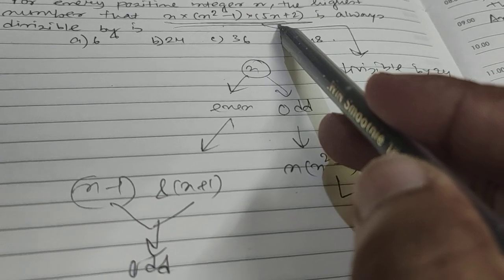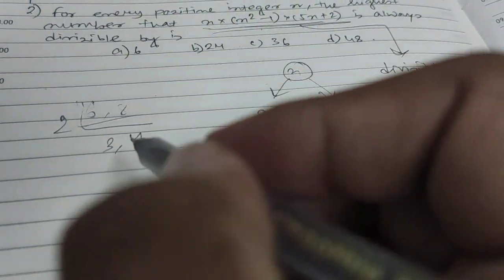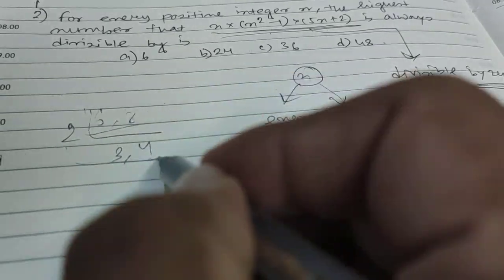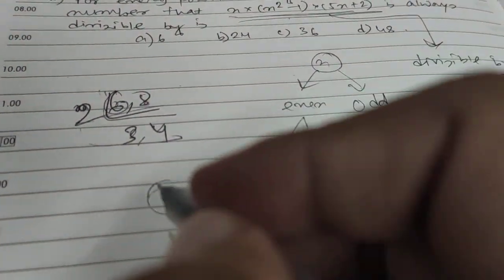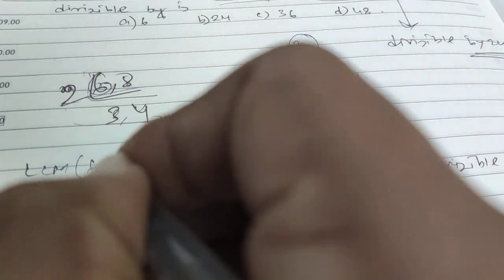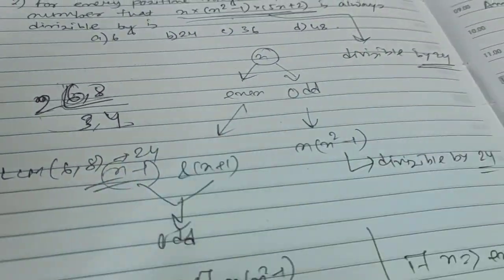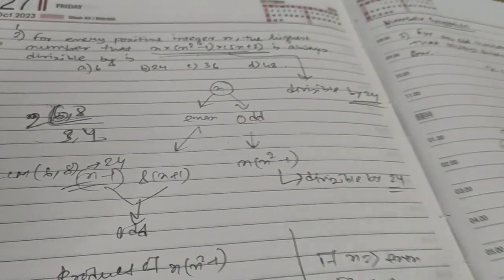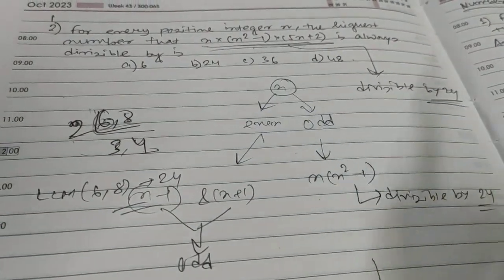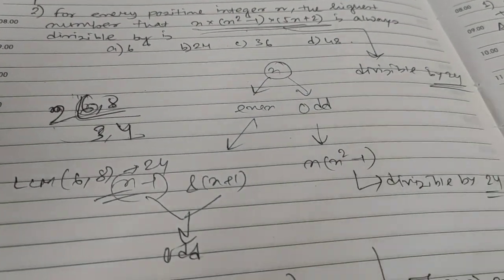So if you take the LCM of 6 and 8, 2 threes are 6, 2 fours are 8, the LCM of 6 and 8 is also 24. So if you consider this, it should be divisible by 24 only.